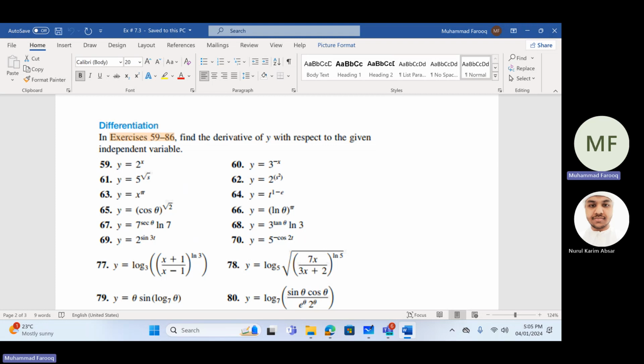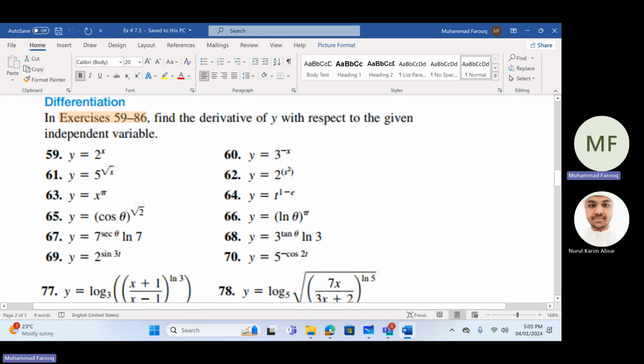So if you have base a, how can we take the differentiation? First of all, we change base a into e, and then we differentiate.